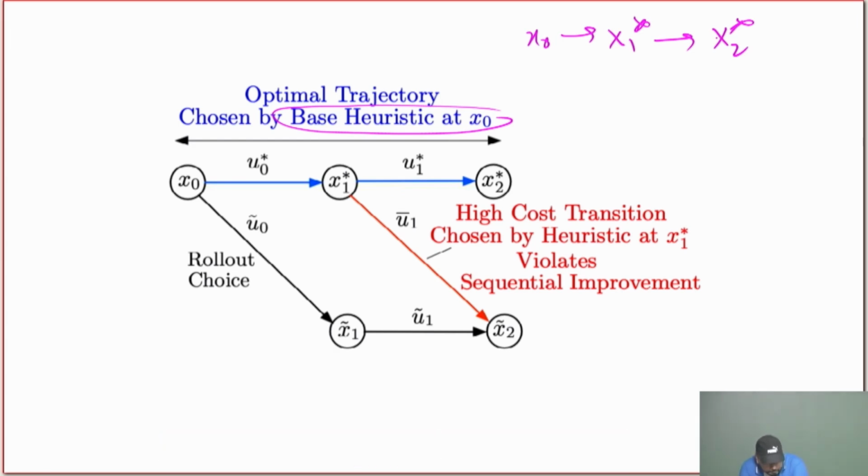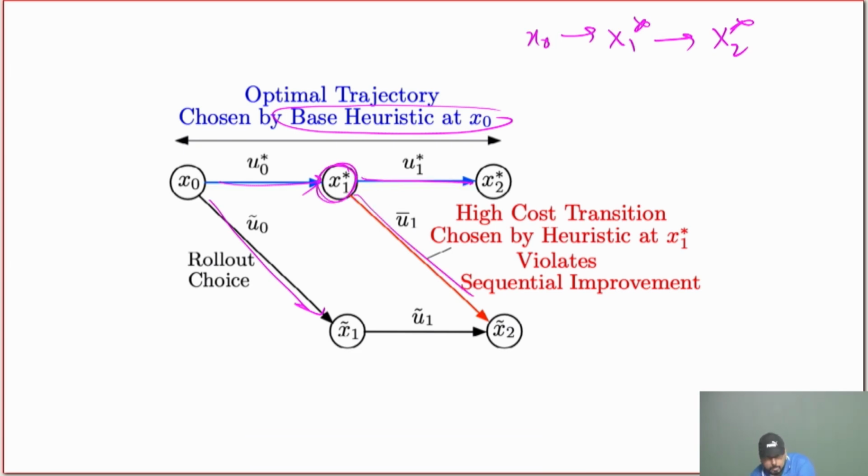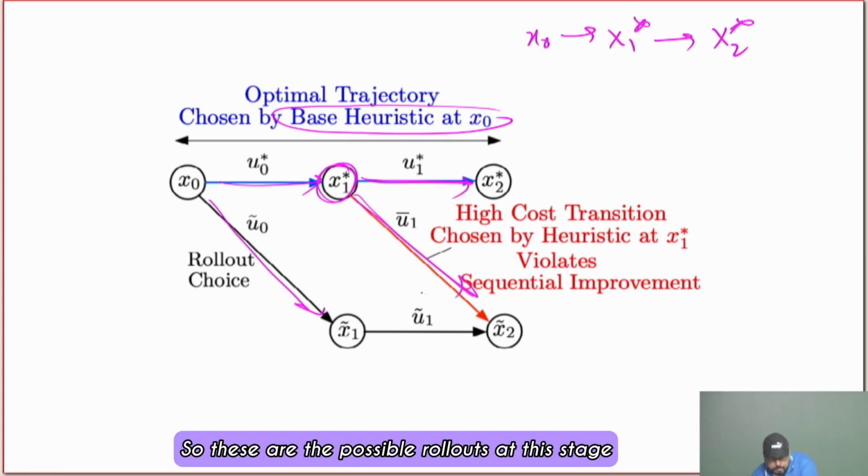But then if it does a rollout, the rollout choices are like these. This is one possible rollout choice, but this is also one possible rollout choice. Let us say after reaching here, it may do another rollout. So these are the possible rollouts at this stage, and these are the possible rollouts at this stage.